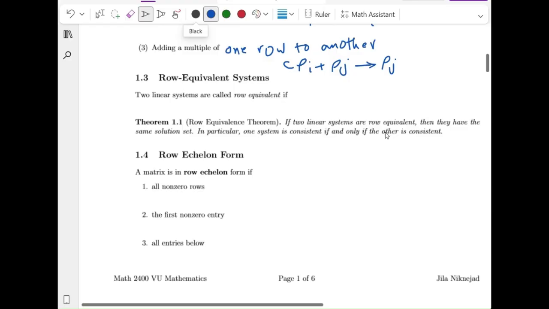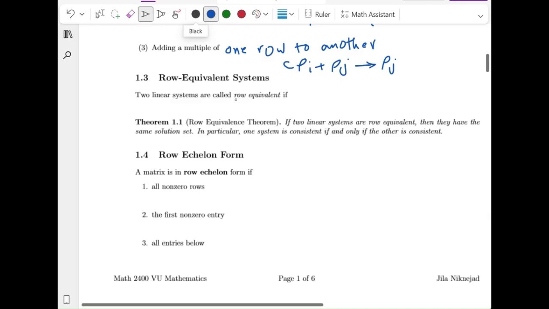So now we do all these elementary row operations, and last time we saw that we used them to find the row echelon form of the system, basically a linear system. There's more to it.